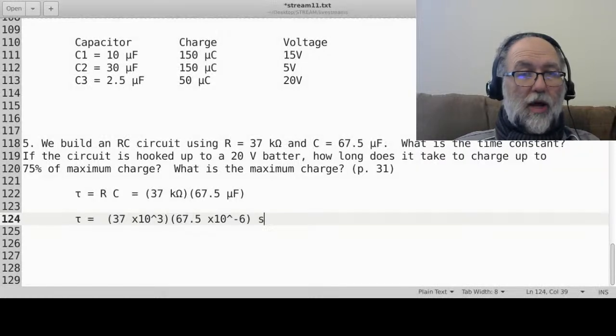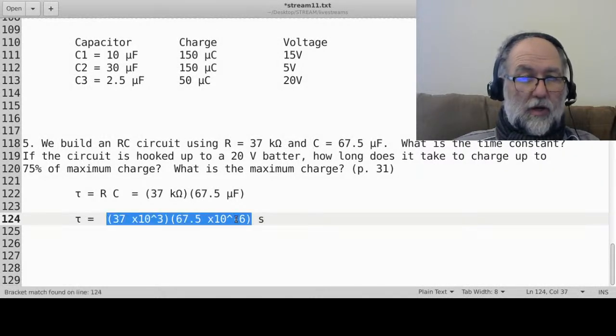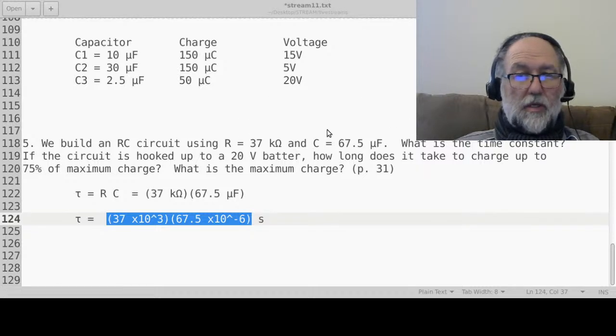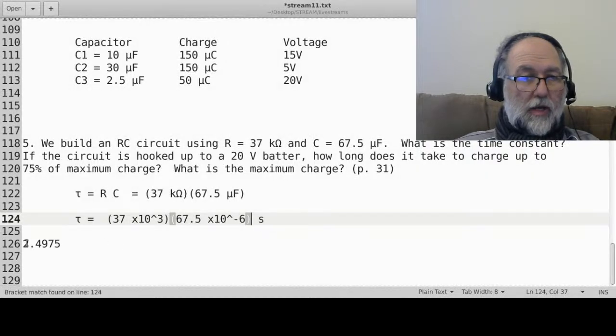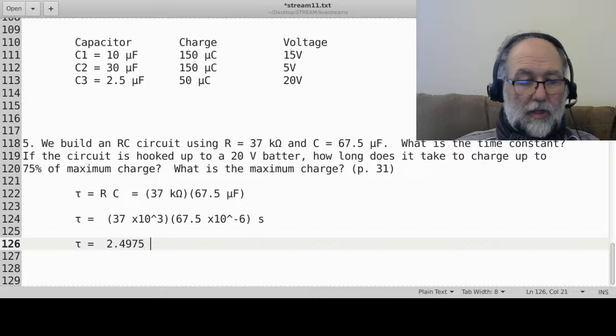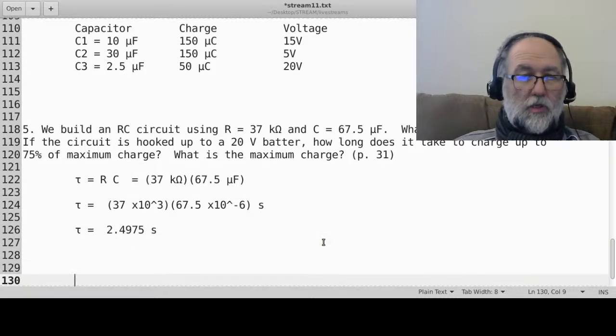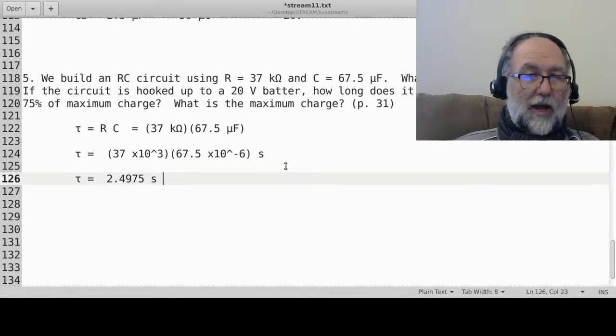Now what? Well, just multiply this together on your calculator, and you get a number. Let me see what that number is. It's this, so tau is equal to this number, and I'm going to round it off to 2.5 seconds.